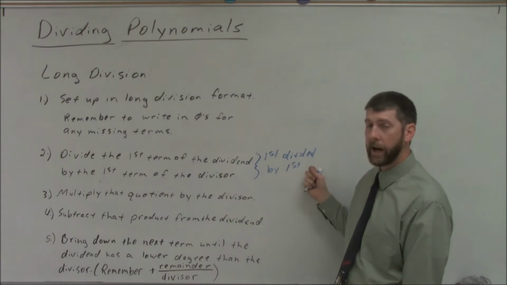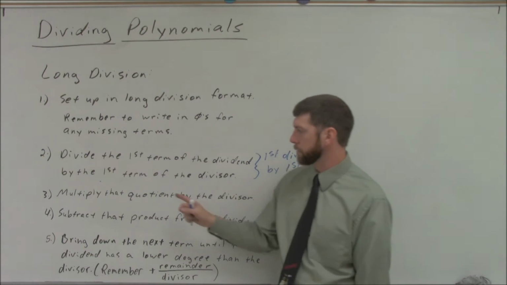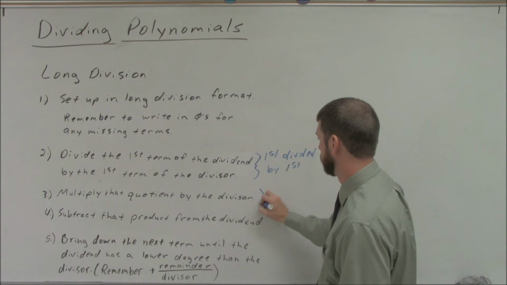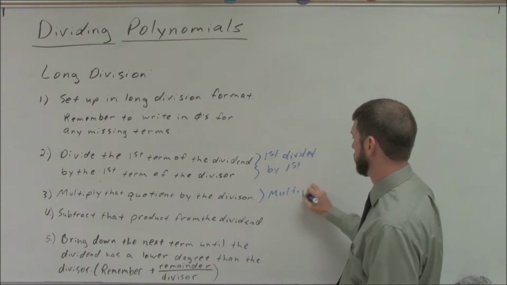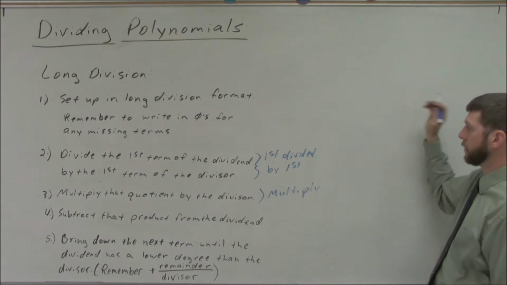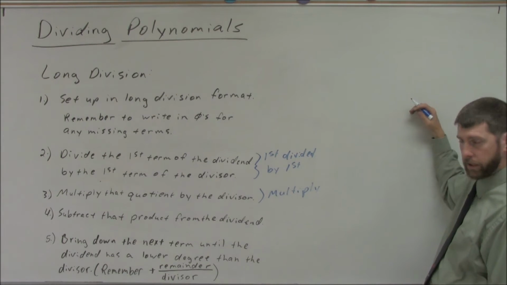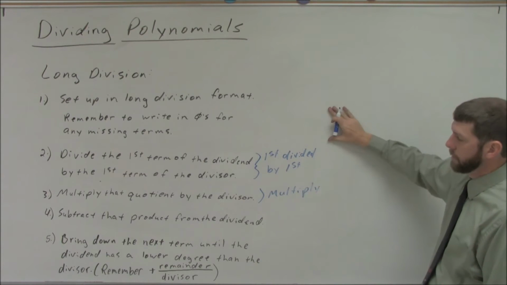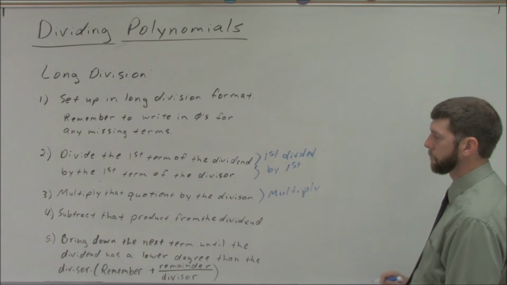Second step, when we divide, we're going to get a quotient. We're going to multiply that quotient by the divisor. So, multiply is our second step. Just like we multiplied that 4 back by the 7 after we divided 7 into 29, we are going to multiply whatever we get from our first divided by first back by what we're dividing by.